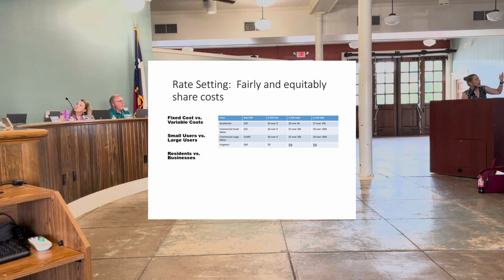This shows you if you had a base bill as a residence, and you had a per 1,000 gallon rate for a low usage. That per 1,000 gallon rate tends to go up the more gallons you're using. Why is that? Because higher volume is more expensive to serve, and frankly, it is often elective.